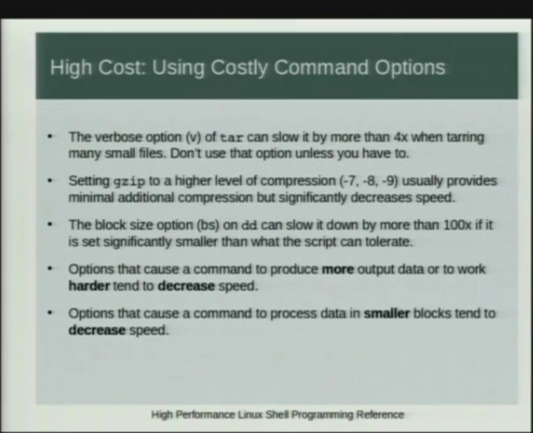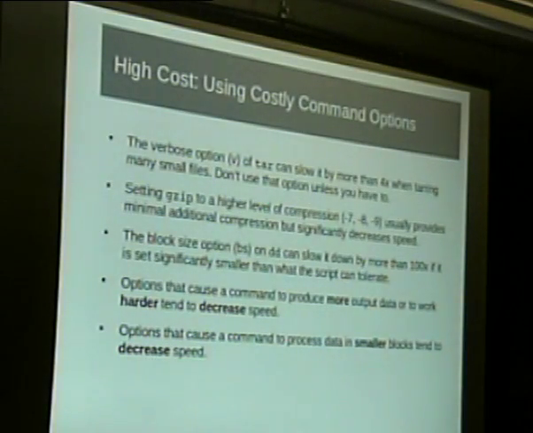I saw, worst case, more than a 300 times difference in speed if you do a block size of 1 as opposed to a block size of considerably more, like 30,000, 300,000, because every time DD has to go back to the disk to grab another piece of data, there's a certain amount of overhead with that. Bigger block size cuts down on the overhead.